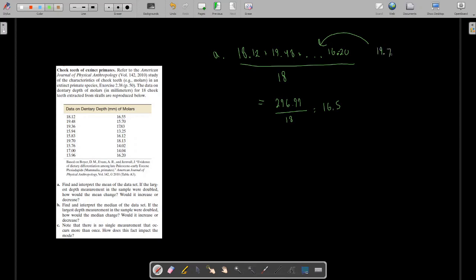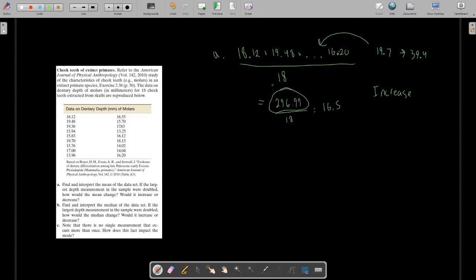Now, if we doubled this and we made it instead a 39.4, and we calculated the mean again, we would find that the mean would increase. And while we don't know the exact value that the new mean would be, we could say automatically it will increase because this numerator will be bigger.